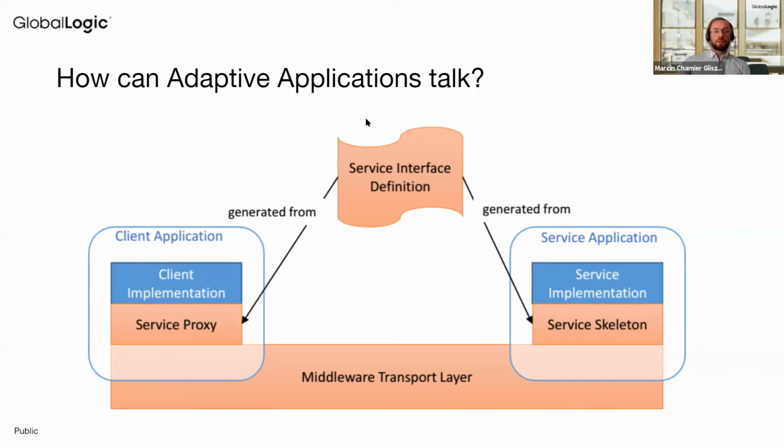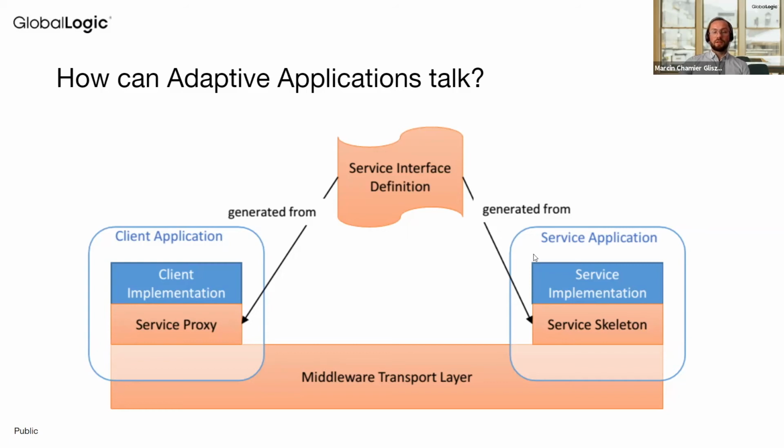In the beginning, we have the service interface definition, the ARA XML, and we get the generator from the vendor. The generator generates from the provided ARA XML our service skeleton, so the infrastructure for the CommonAPI communication, and the same on the client side, the interface for communication with the service.